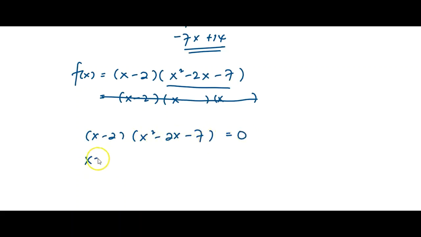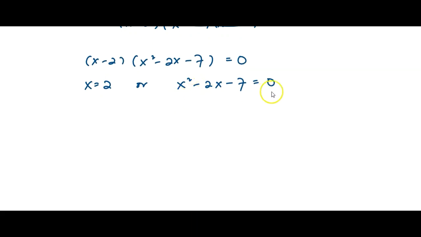Then my first root will be x equals 2, and the second root you can get by equating this quadratic factor to 0. Okay, then we are going to solve for this.